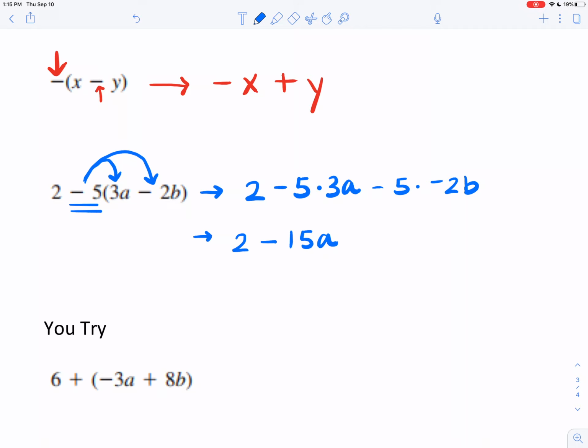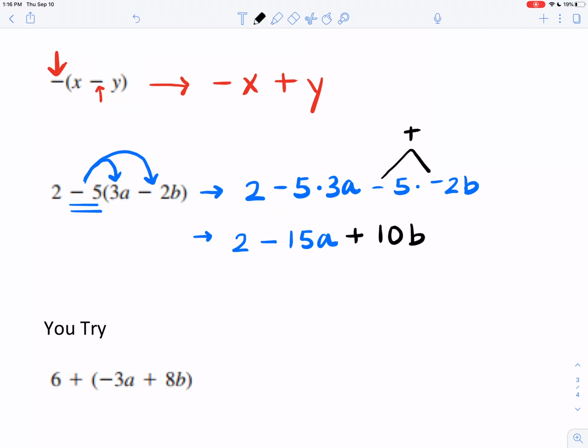And then notice your signs here, right? When I take a -5 times a -2, all right, multiply 2 negatives, they become positive. So this last term will become plus 10b. All right, and that would be my simplified expression.